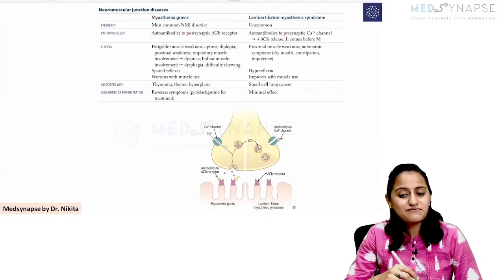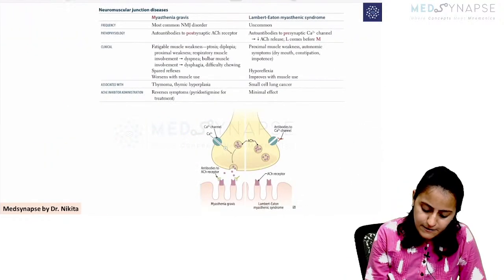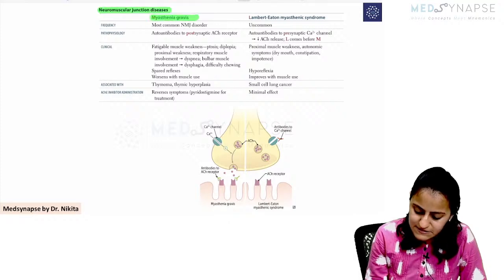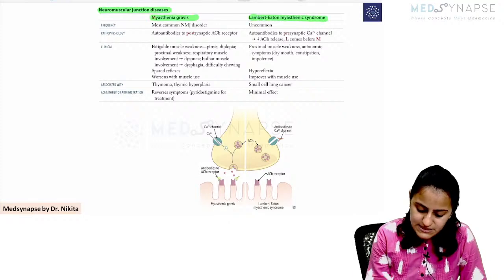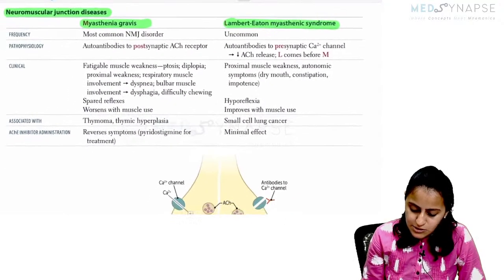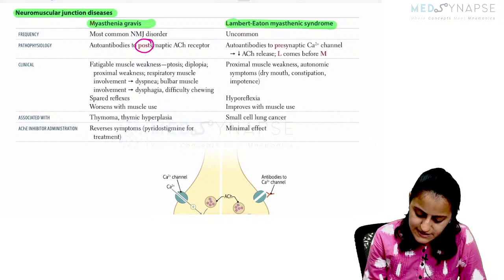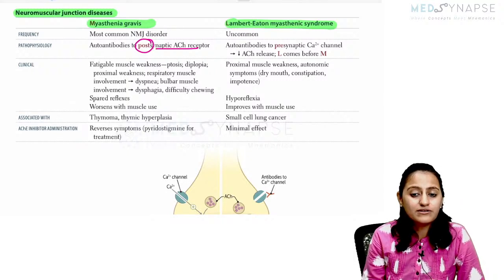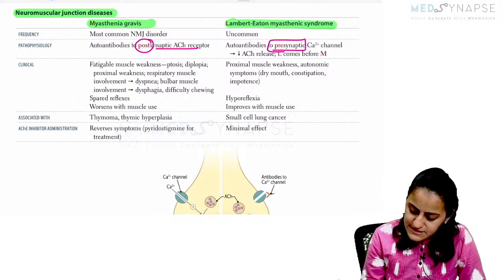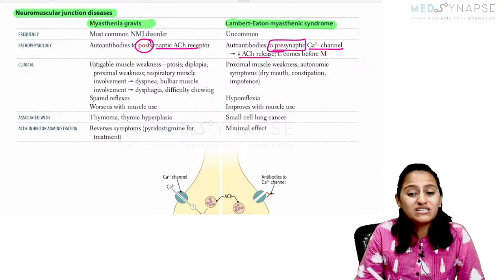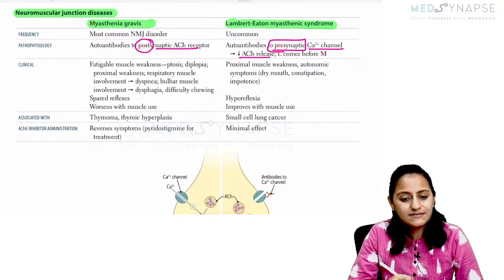So let's have this quick snippet again, comparing the neuromuscular junction diseases, myasthenia gravis and Lambert-Eaton syndrome. Myasthenia gravis is more common clinically, with antibodies against the postsynaptic acetylcholine receptor. Here it is the presynaptic calcium channel, which decreases the acetylcholine release.